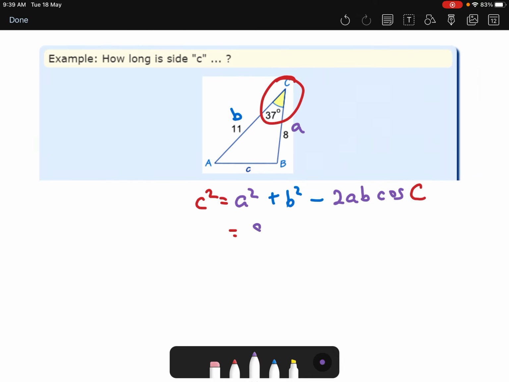C square is 8 square plus 11 square minus 2 times 8 times 11 cosine 37 degrees.